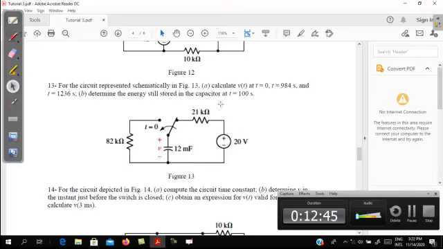And also we need to find the energy stored in the capacitor when the time equals 100 seconds. So we will take the circuit to analyze it here.